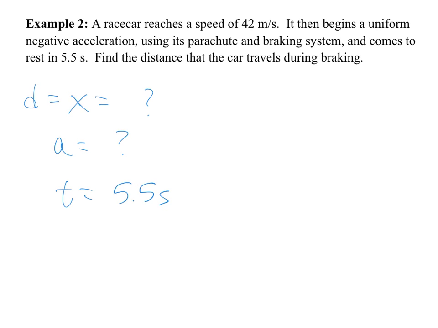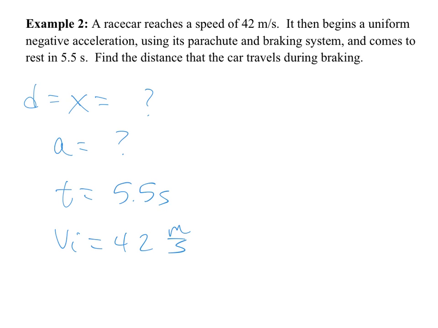So 42 is what? The initial velocity. Again, get up to 42, then the problem begins, you begin to brake. So initial velocity is 42 meters per second. And I can again demonstrate it if you need to. You're going slow, you get up to 42 meters per second, and then you release the parachute, and you start slowing down until what happens?